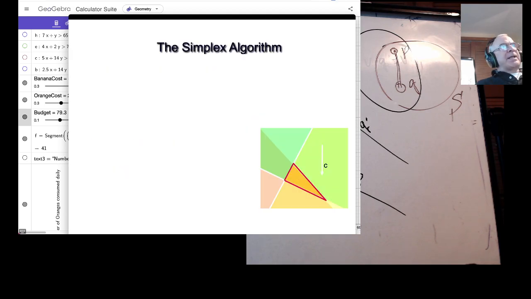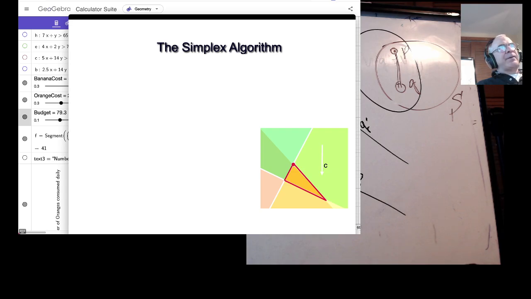So the simplex algorithm, which is by far the ultimate answer to every question, a fantastic algorithm, runs very fast, even for enormous inputs with tens of thousands of constraints and tens of thousands of variables. This algorithm will say, I'll think about the feasible region.